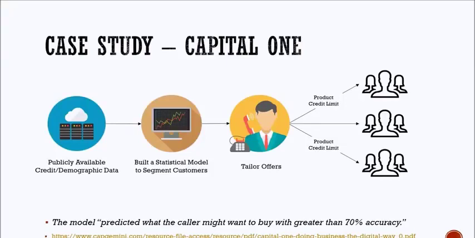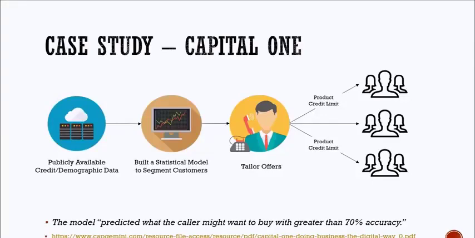And they built models to determine how to segment customers, and then what products to tailor to them. So based on someone's demographics, where they live and how much income they make or their credit history, based on historical data, they can figure out what those types of people bought and then tailor future offers to new customers.